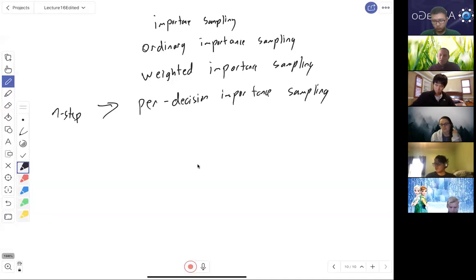The weighted importance sampling said to weight by summing all of the weights that you have seen. And the per decision said that if you're looking at the first reward, you don't care about any later decisions, so you just use the first ratio. Then for the second reward, we use the first and second ratios, and for the nth reward, we use the first to the nth ratios. Did that answer your question, Rick?